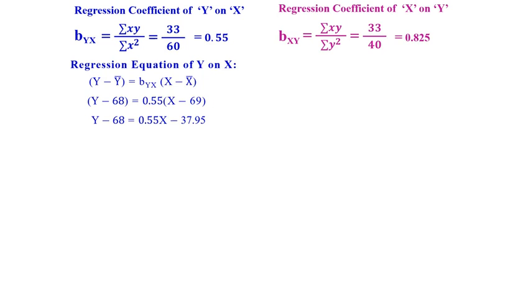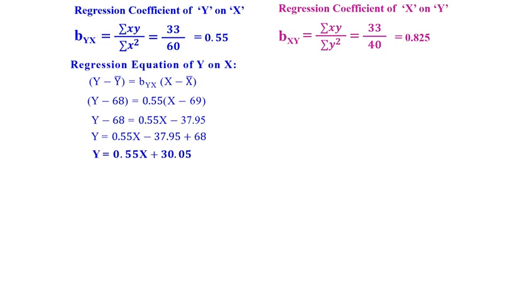Simplify. Y minus 68 equals 0.55x minus 0.55 into 69, which is 37.95. So minus 68 will become plus 68 when transposed to the right hand side, RHS.